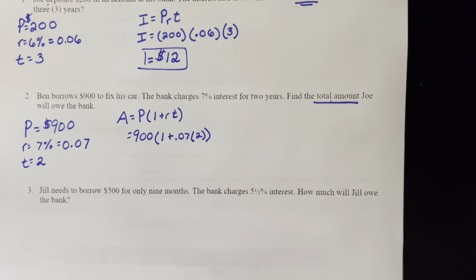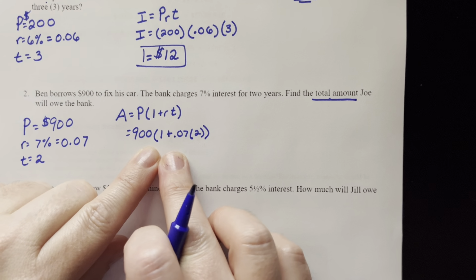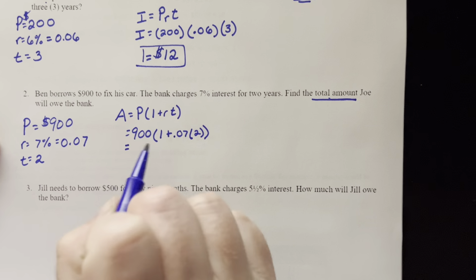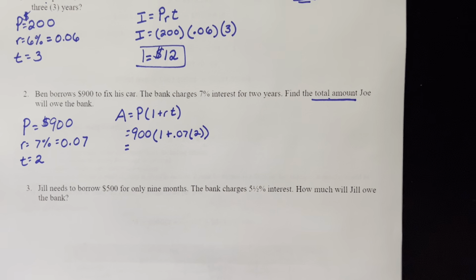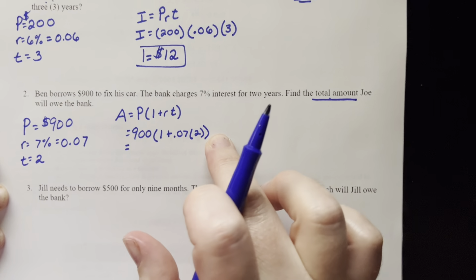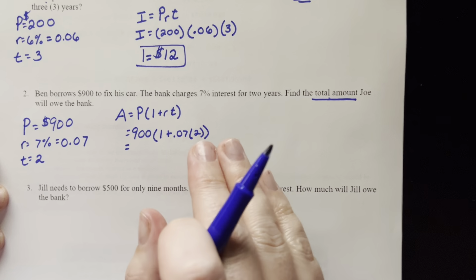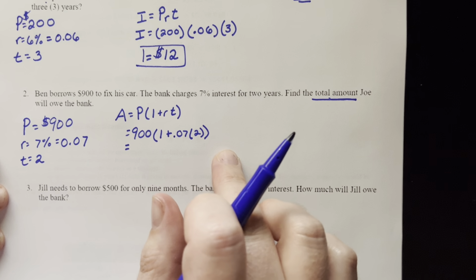And now this is where it's really important for you to know your order of operations and to be a parenthesis user if you just pop this right into your calculator. So I would advise that you write out all your steps and do them in pieces and not just put this right into your calculator, because your calculators are not as smart as you and they will just sometimes read it left to right.